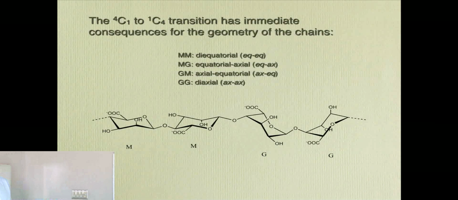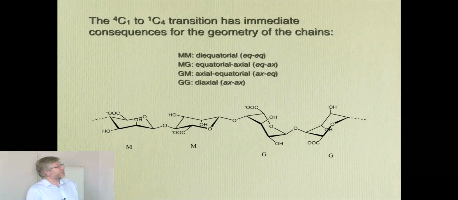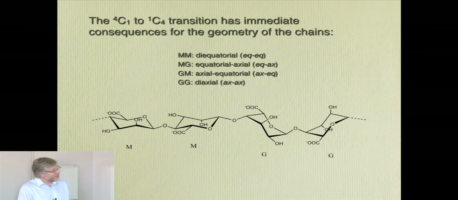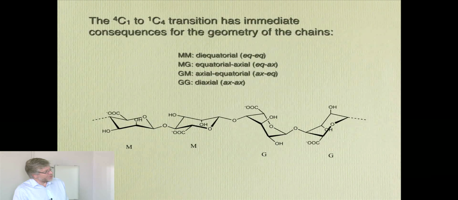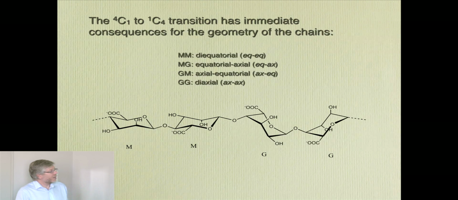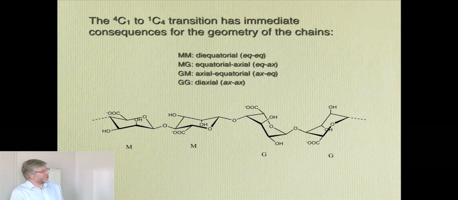And the next consequence is for the whole polysaccharide chain. This 4C1 to 1C4 transition has immediate consequences for the geometry of the chain. Because I made this fragment, MMGG, we use as example. The M in the 4C1, this and this, tend to form a very stretched structure.